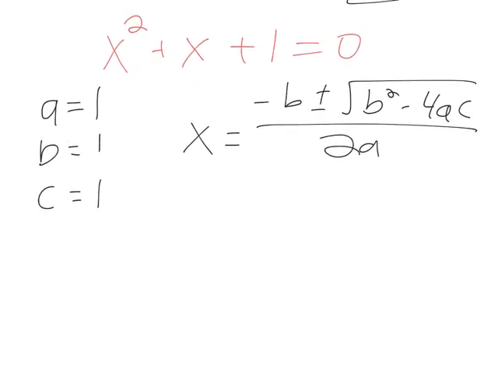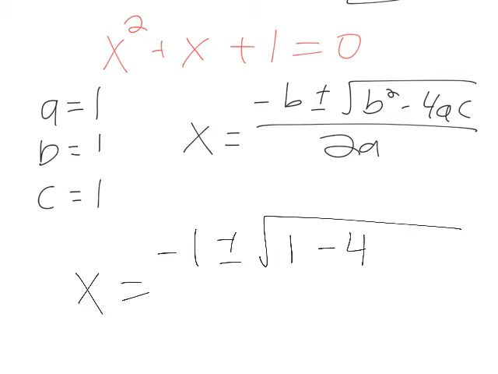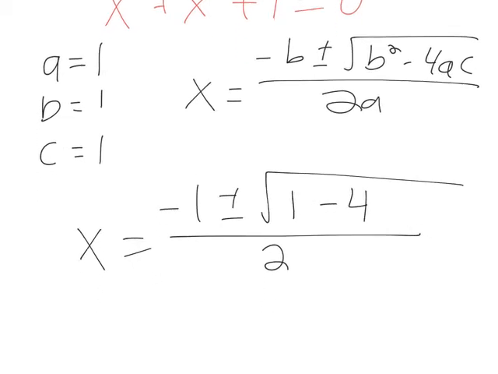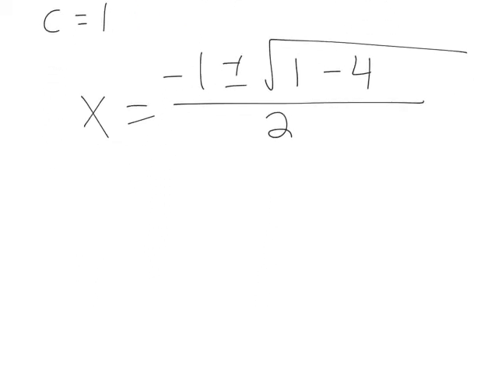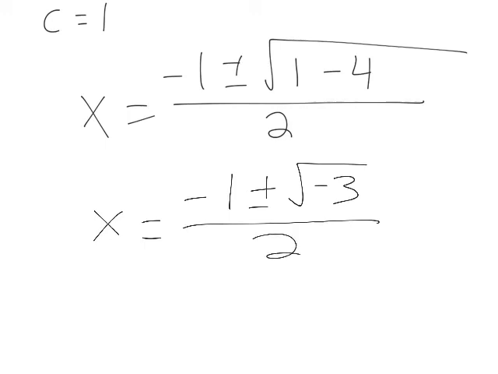All right, so if we plug everything in, x is equal to negative 1 plus or minus the square root of 1 squared minus 4 times 1 times 1, so minus 4. We are going to get an imaginary number. And 2 times 1 on the bottom. Underneath the radical, we're going to get the square root of negative 3, which is an imaginary number.